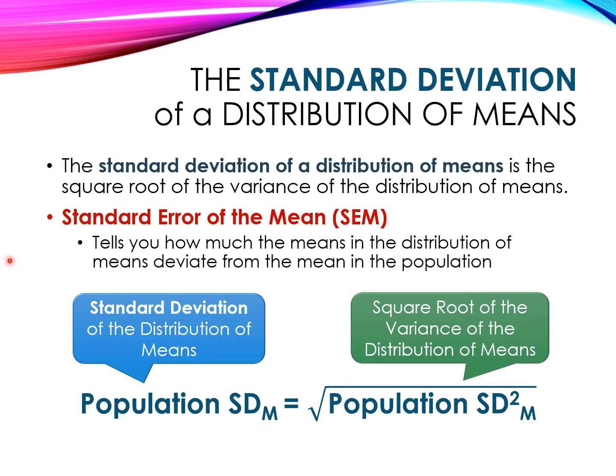Okay, now one of the things that they do also tell us is that the standard deviation of a distribution of means is also known as, here's its alias, standard error of the mean. This tells you how much the means in the distribution of means deviate from the mean in the population. Okay, this is the population of individuals. So this is how much error there is. Remember, I told you that we would be estimating the mean from the population.